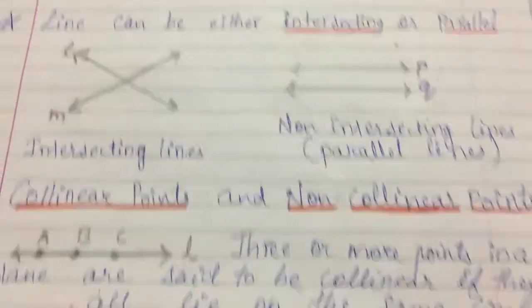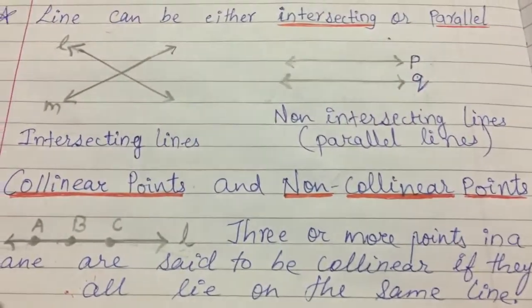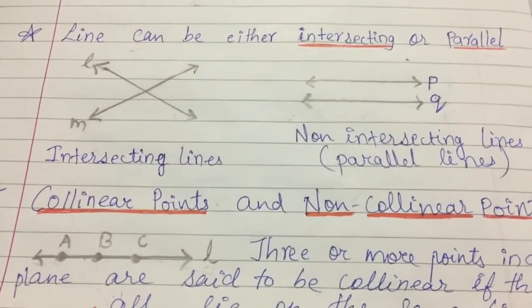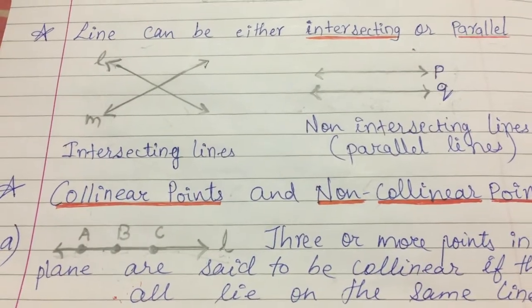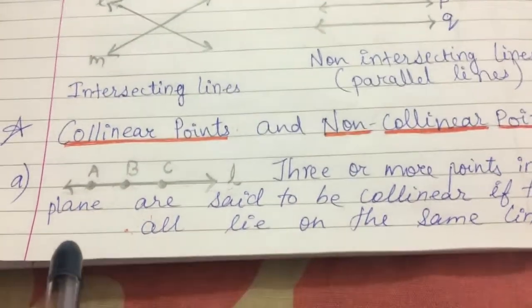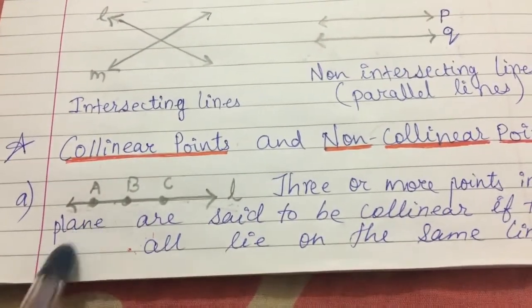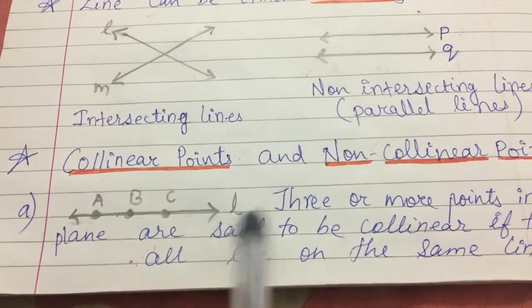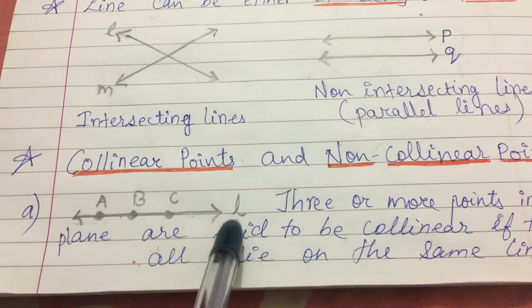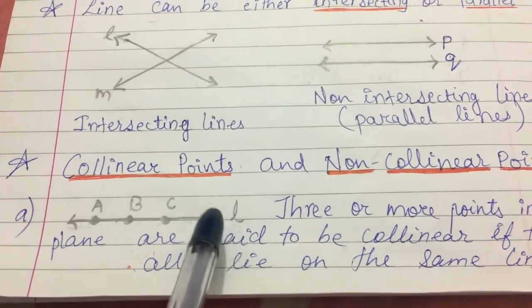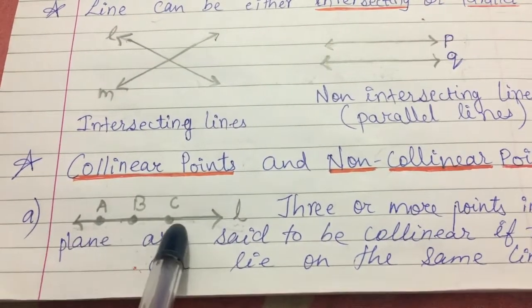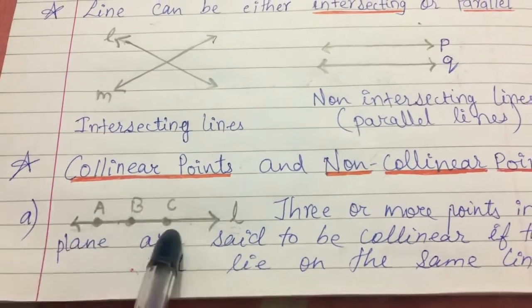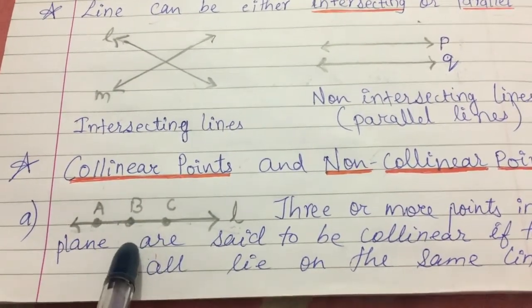So the next point is collinear points and non-collinear points. Collinear points means what? See here friends, collinear points are two or more points that lie on the same line. Here line L, and A, B, C are the three points which lie on the same line.